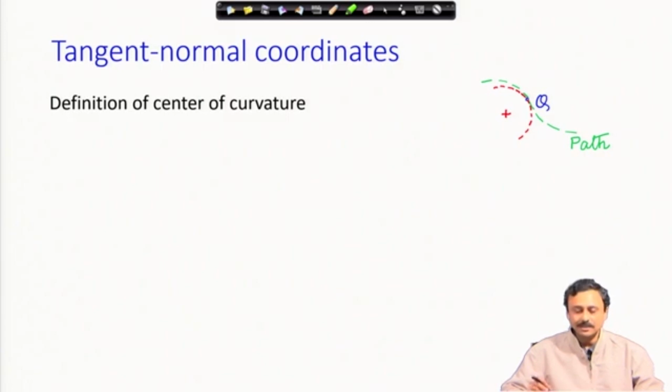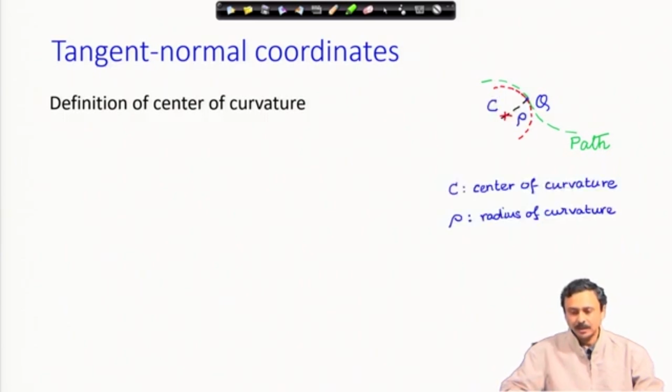That red plus symbol signifies the center of curvature. So, it is the center of the circle that matches with 3 infinitesimally separated points around this location of the particle. Therefore, this C point is the center of curvature and rho is the radius of curvature.